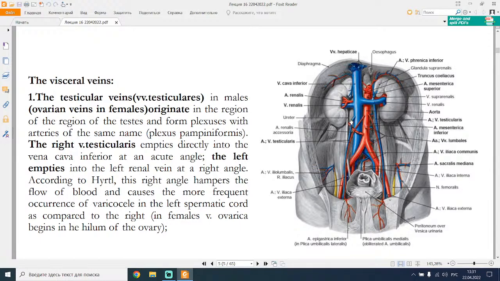What you see: vena testicularis dextra and vena testicularis sinistra are different. The right drains into vena cava inferior; vena testicularis sinistra drains into vena renalis. It is a visceral vein.